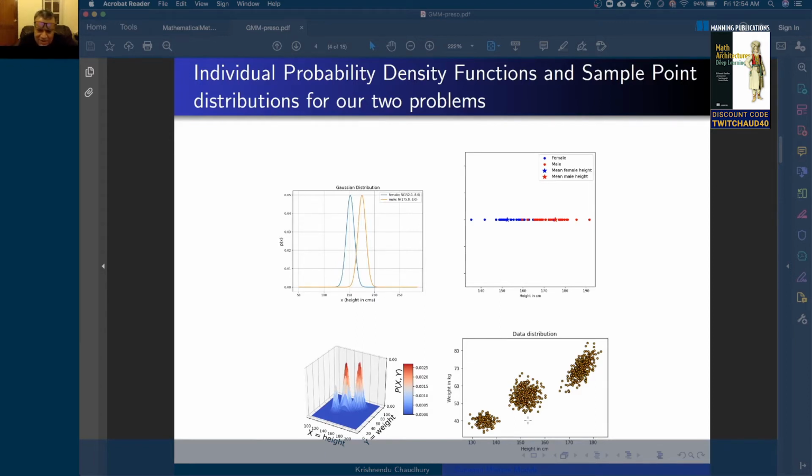Sometimes if the variance matrix is, let's say, diagonal, then the base will be circular. Otherwise, it might become elliptic. And you can see all of them here.